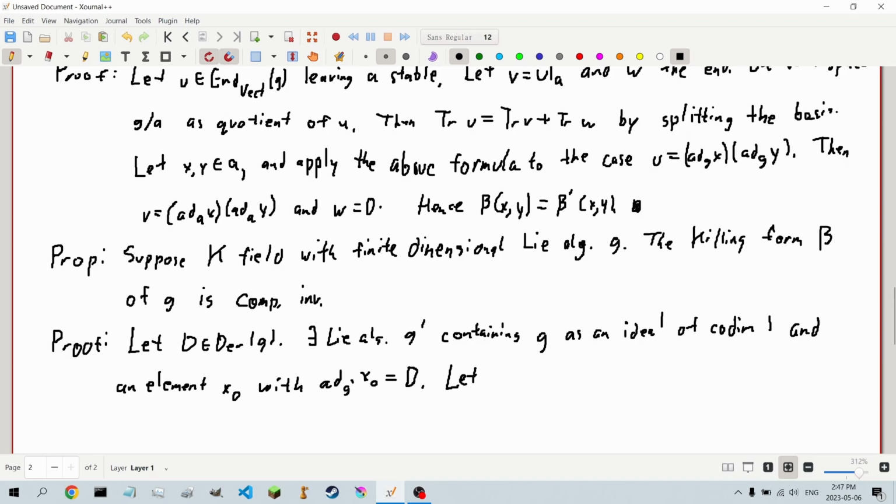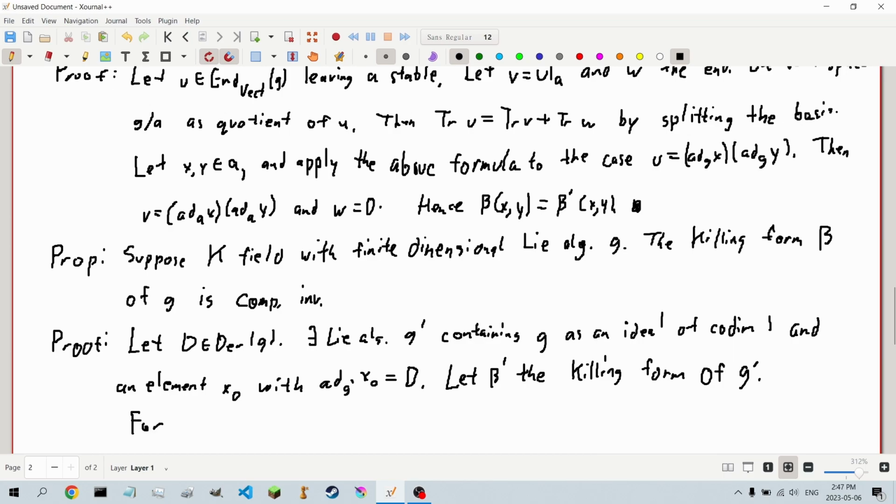And we're going to let beta prime be the killing form of this G prime.